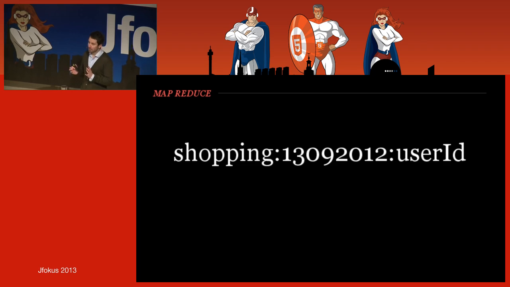And MapReduce in Riak looks at some input data. You can either use a key pattern or a bucket. And the algorithm will then look at all this data, and if you've given the keys a good name like this, you can either look at all shopping keys, or all keys for a given date, or all keys for a given user ID, and run the algorithm on that.